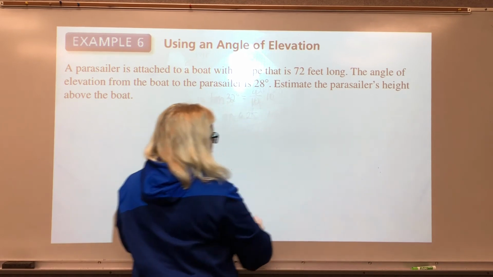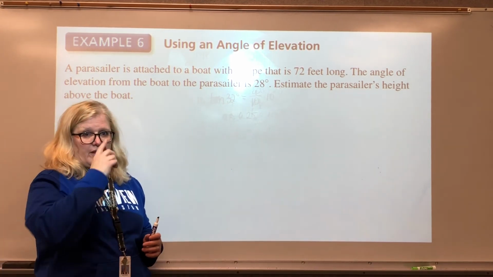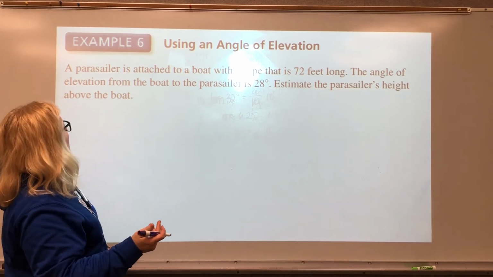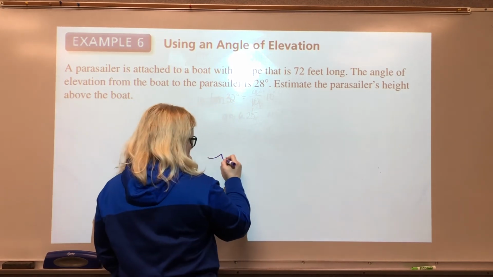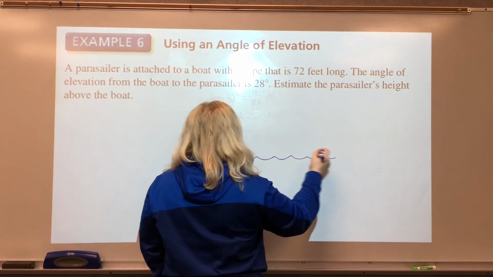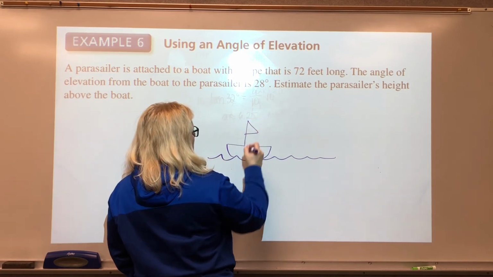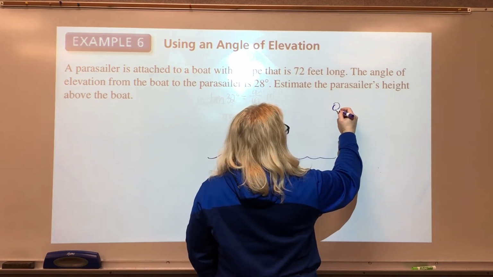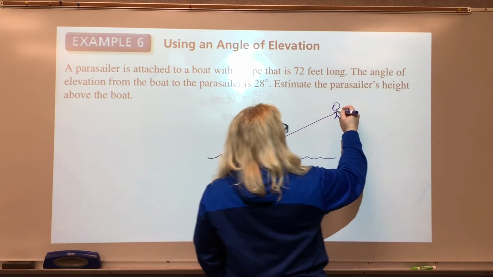All right, so that one was nice because they gave you a picture, but they don't always give you a picture. So sometimes you have to make your own, which is kind of fun. So a parasailer is attached to a boat. So here's my water, here's my boat. I know it's not that kind of boat, but here's my parasailer. They're attached to the boat.